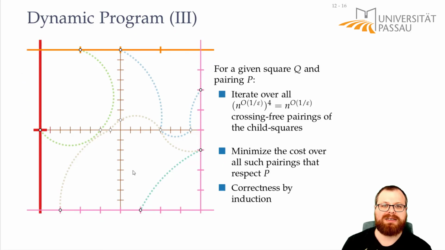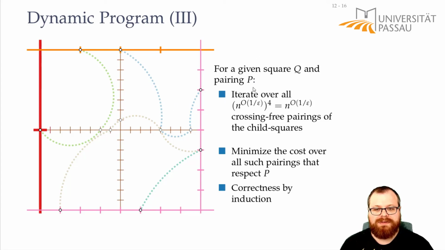And proving that this gives us a correct solution, that we can do by induction. I won't go into details here, but the idea is basically assume that you've correctly computed everything for the smaller square. That we can assume because in the base case we only have a square of size 1 and then it's very easy to brute force compute everything. Then do we find the minimum here?